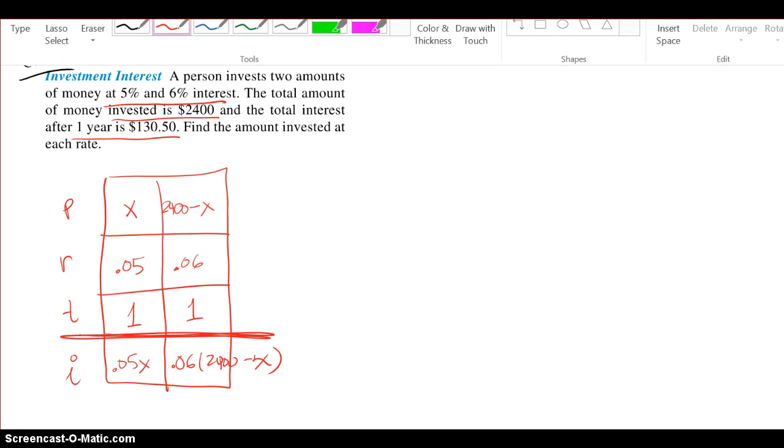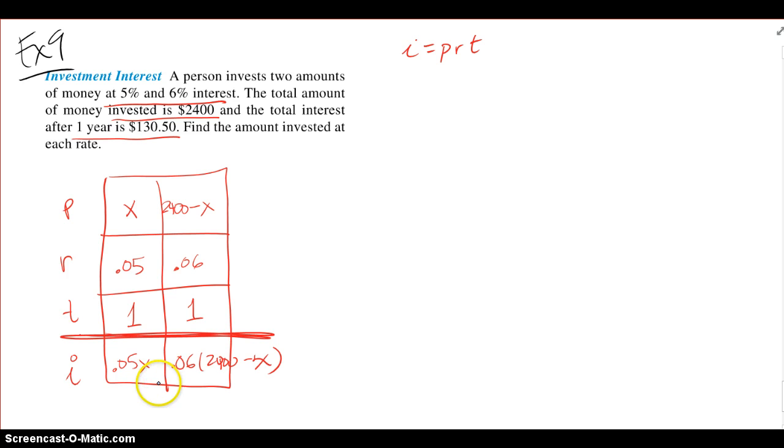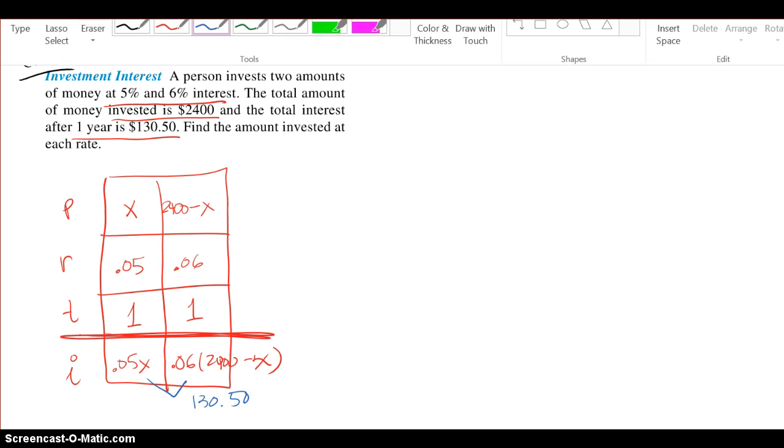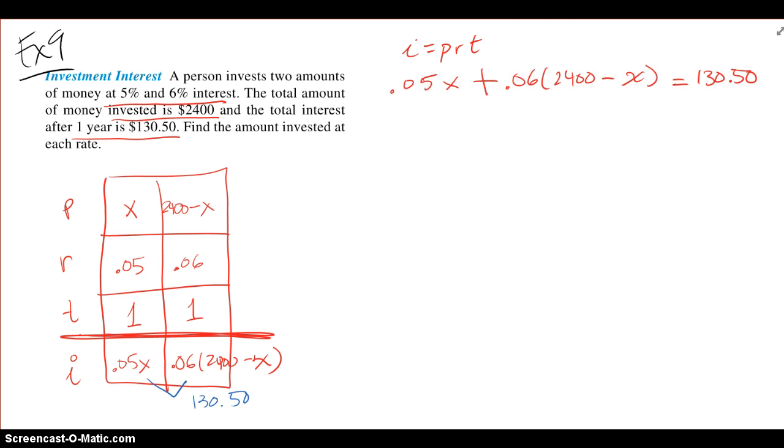And I do know that the combined interest is 130 and 50 cents. So I can go ahead and make my equation, which will be the 0.05x, the interest in one account, and the 0.06 times the amount in the other account, which is the interest in the other account, for a total of 130.50, and then we solve that equation.